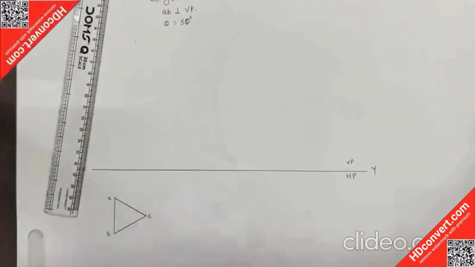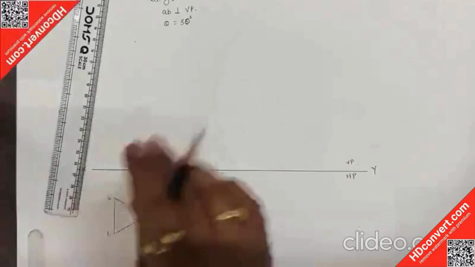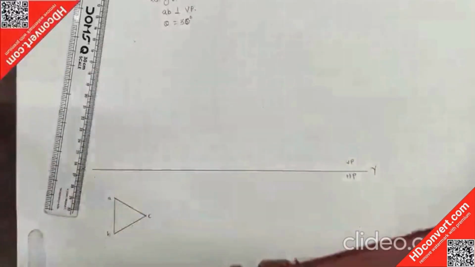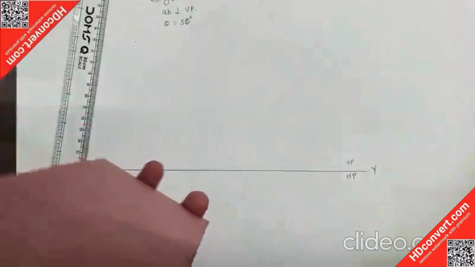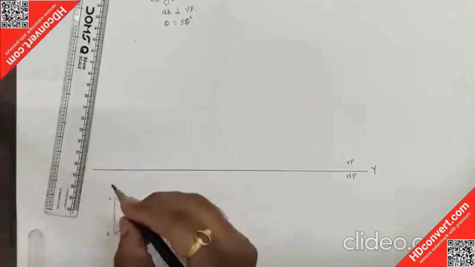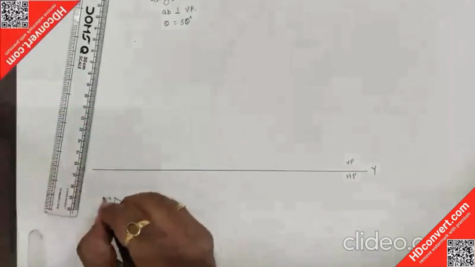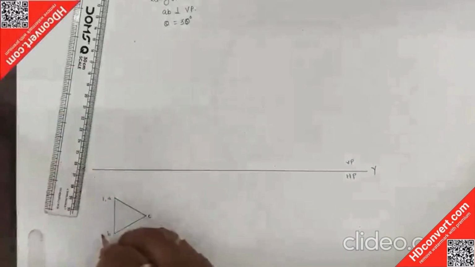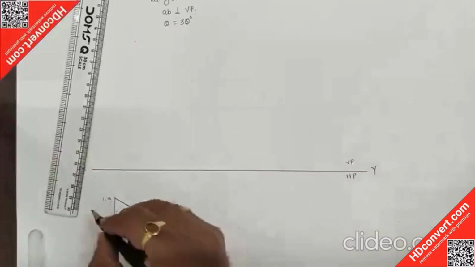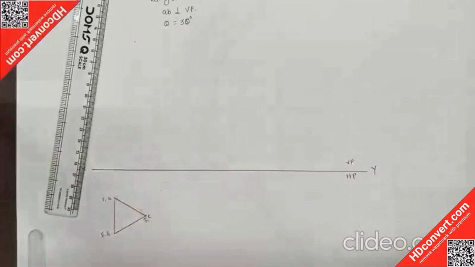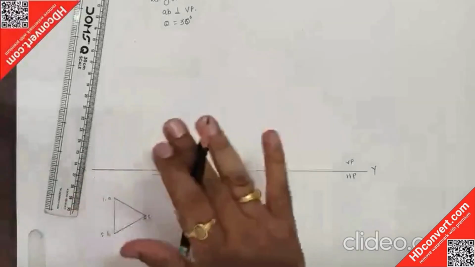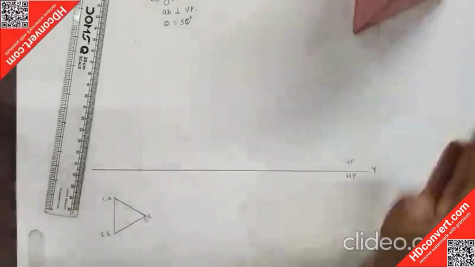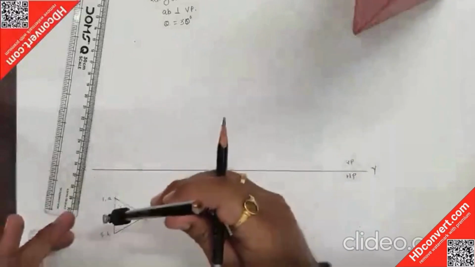In the top view, ABC is the notation for the triangular base, and 1 2 3 is for the triangle of the top plane. So we write 1 comma A, 2 comma B, and 3 comma C. That means 1 2 3 is for the top triangle, and ABC is for the bottom base triangle.